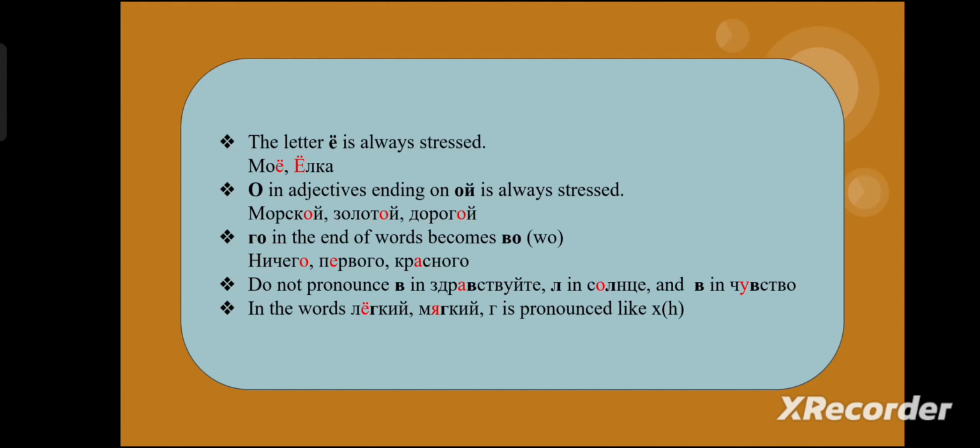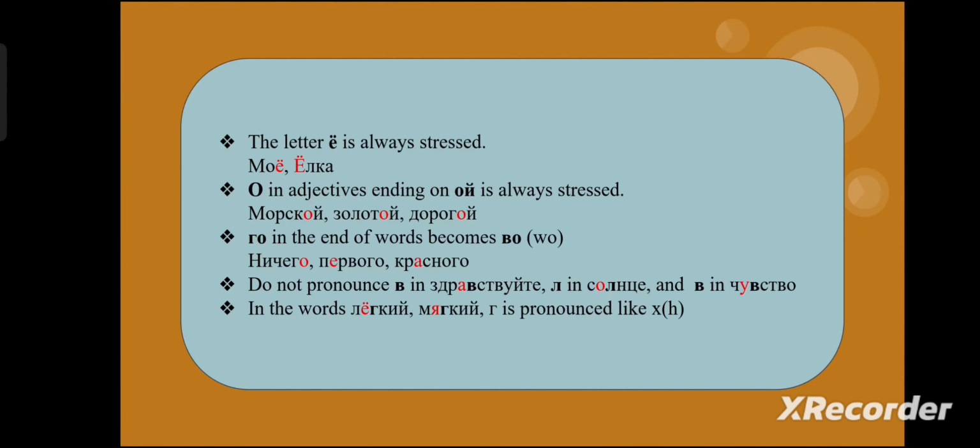For example, Marskoy, Zalatoy, Daragoy. Here, these are some adjectives, and at the end of them we have oy. So the letter O at the end of these adjectives is stressed.